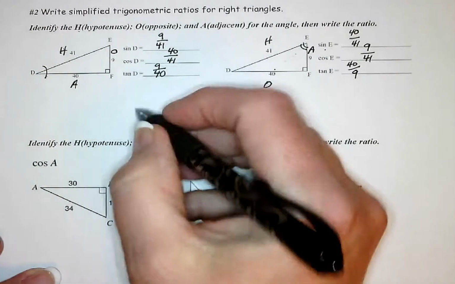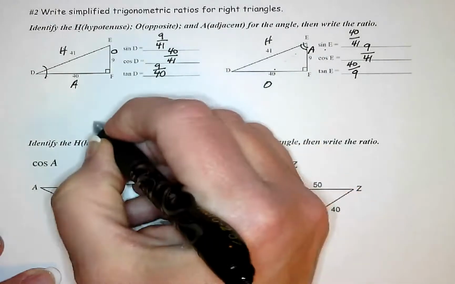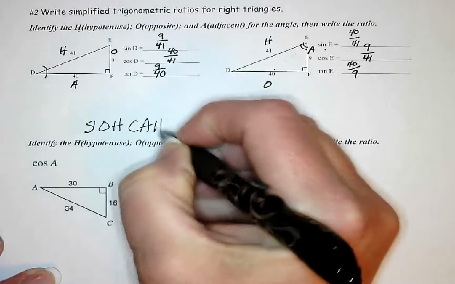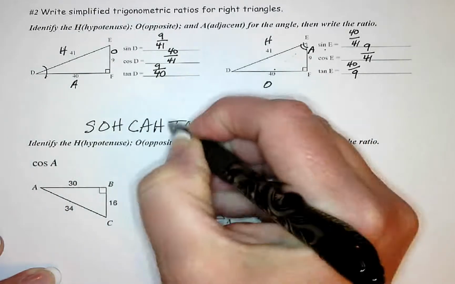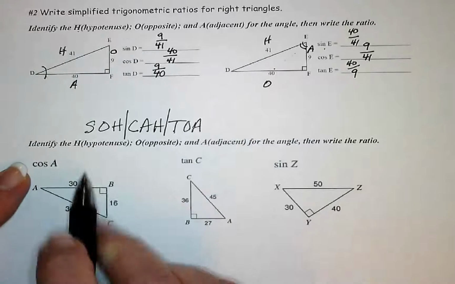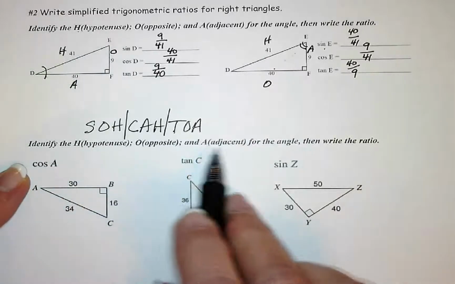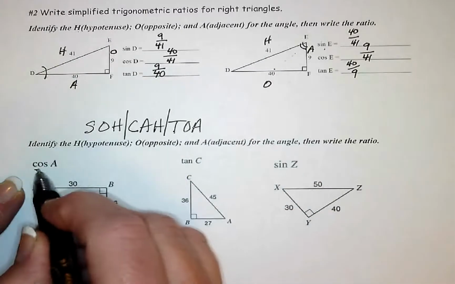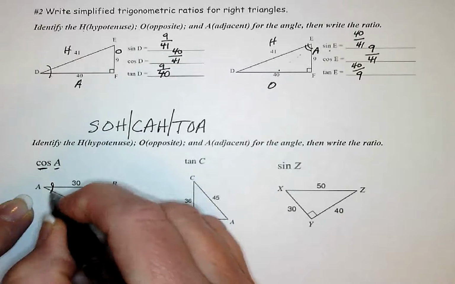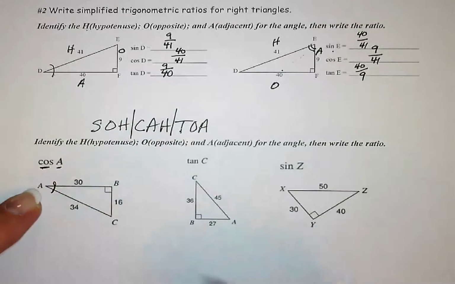Okay, I'm just going to put those SOHCAHTOA down here so I can keep track of it. On here they want us to identify again the H, O, and A, and then write the ratio for the one they're asking about. They say angle A here, so that's the one I'm going to base my H, O, and A on.